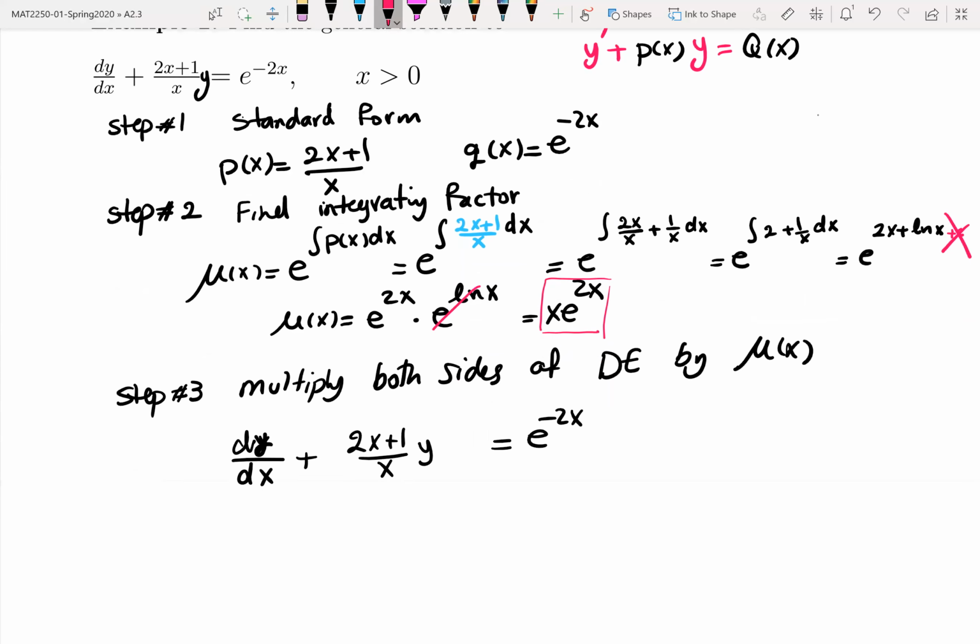This is multiplying by x e to the 2x, multiplying by x e to the 2x, multiplying by x e to the 2x. So this is just my integrating factor.